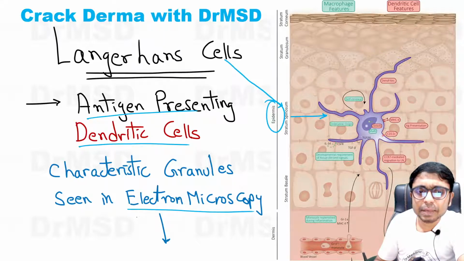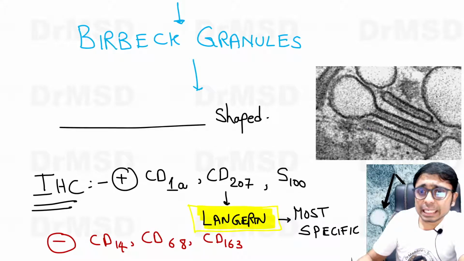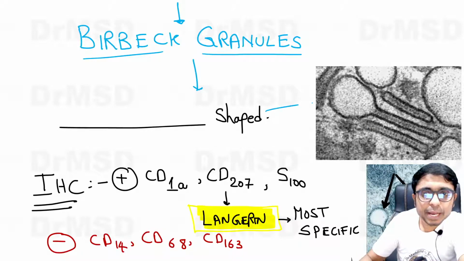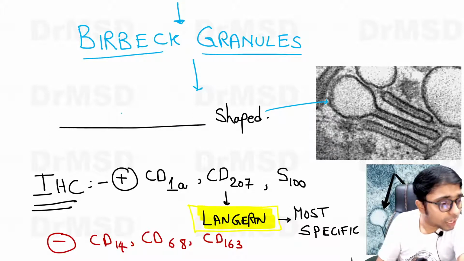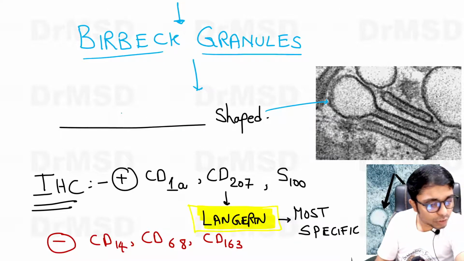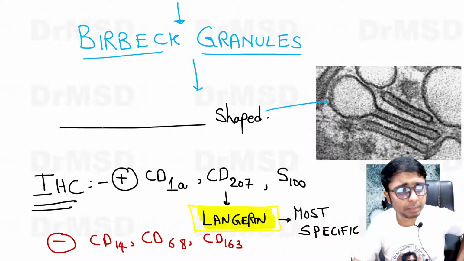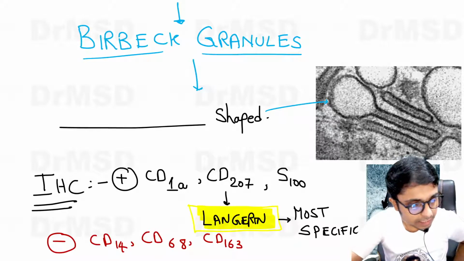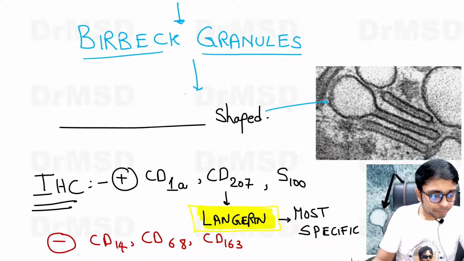And these can be identified on electron microscopy with the help of these Birbeck granules, which have this peculiar shape. So now, can anyone tell me what is this shape called? Yes, please try to tell what is the name of the shape of these Birbeck granules, which are present inside the Langerhans cells.